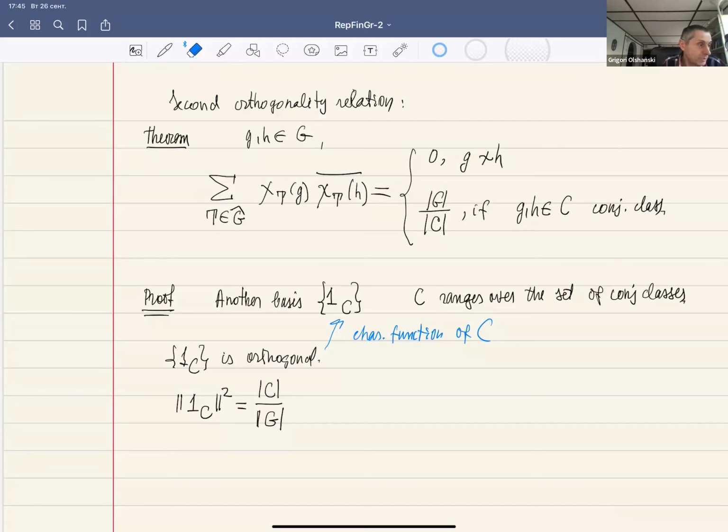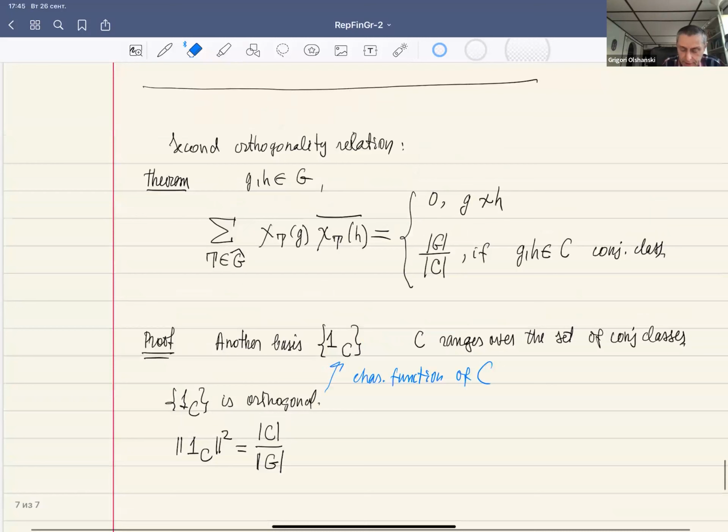So applying this, we get this claim. If you have an orthogonal matrix and take the sum of the squared norms of the rows or the columns, all these quantities should be equal to 1.